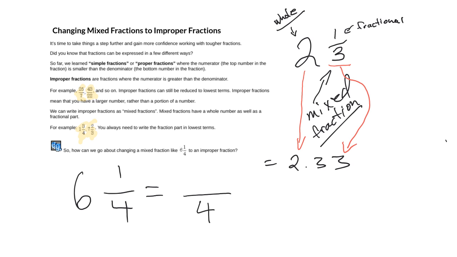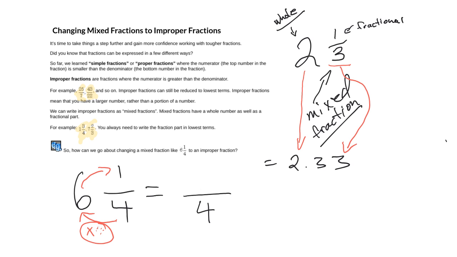The next thing that we have to do is draw a circle around all the numbers, right? Now, the bottom portion of our direction really means we're going to take 6 times 4, 6 wholes times 4, and then we're going to add 1.